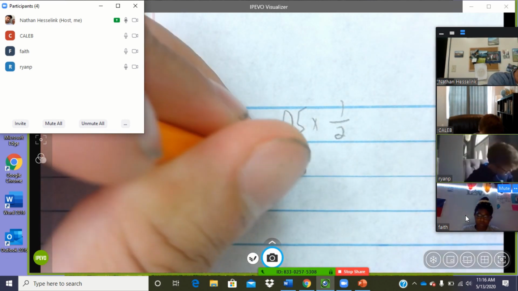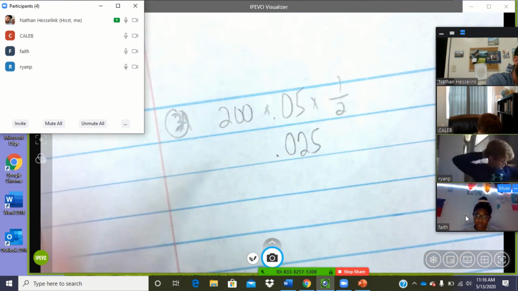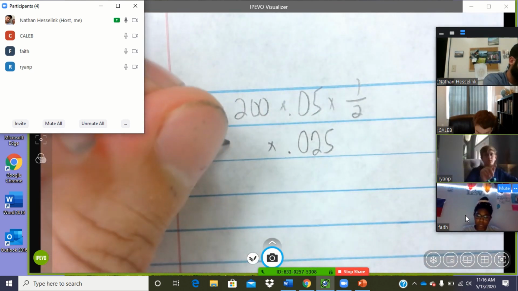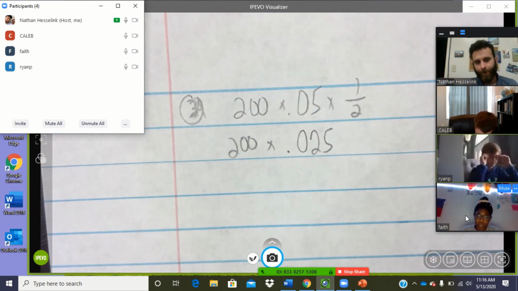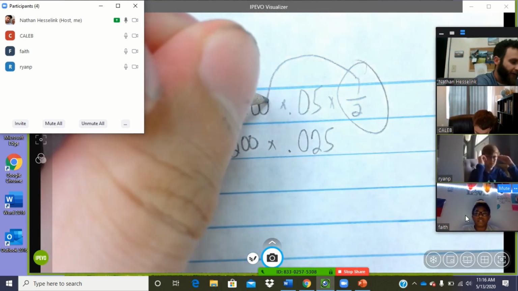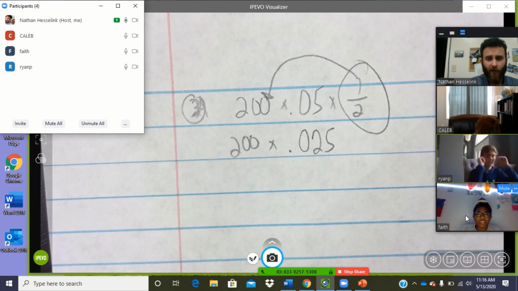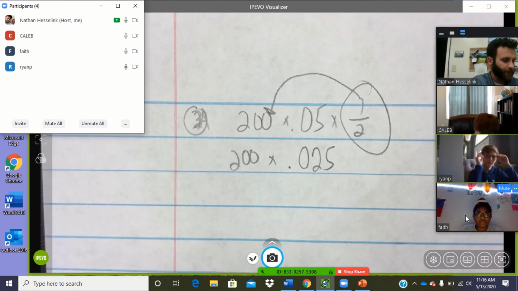There are 3 decimal places in our problem, so we add them into our answer. Now you don't have to do it that way. You can choose any 2 numbers to multiply first, okay? The easiest way would be 1/2 of 200 is what? What's 1/2 of 200? 100.